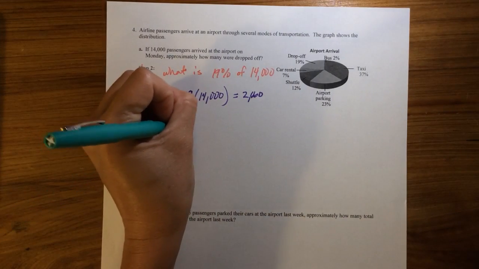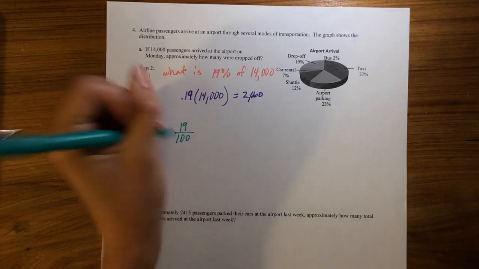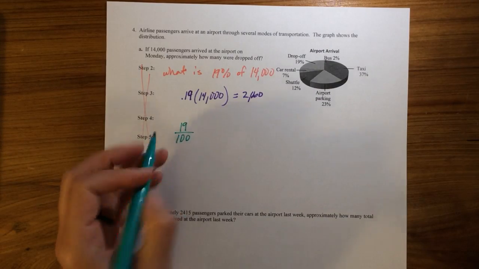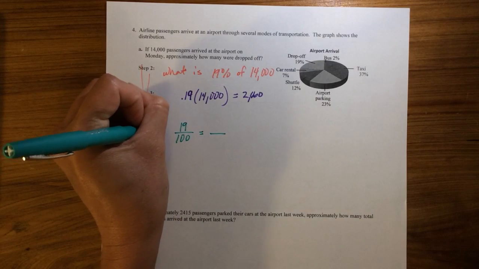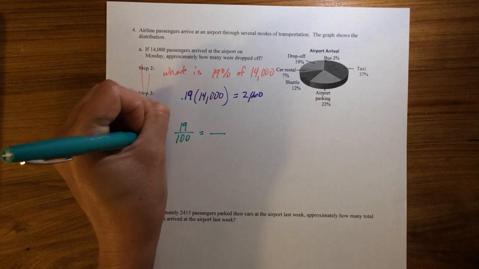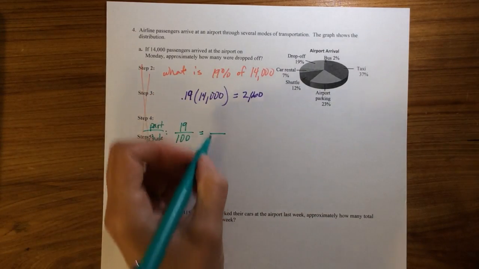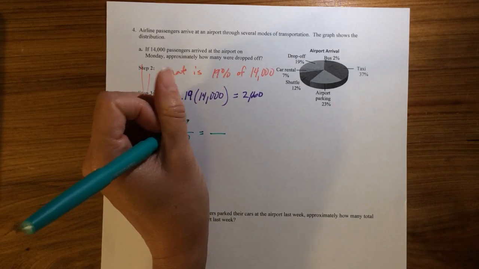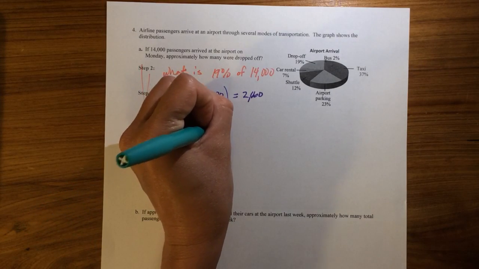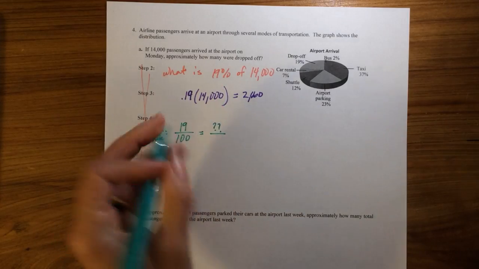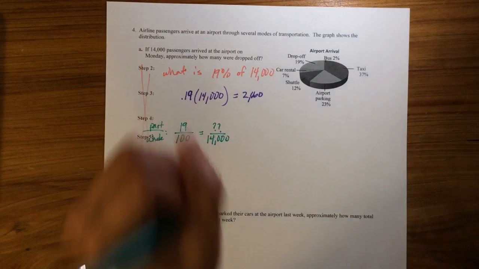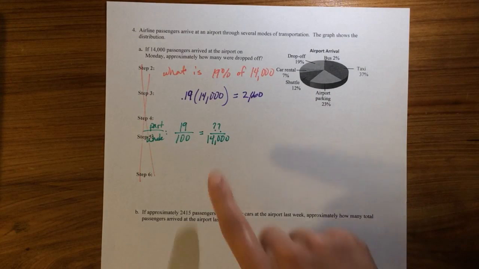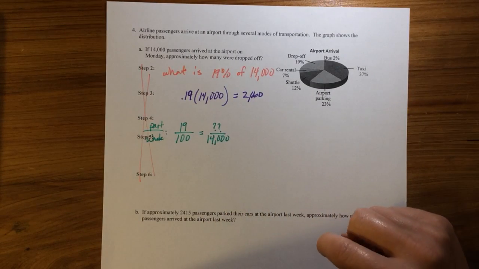If you know that 19% is 19 over 100, right? Part over a whole. And we're looking for what is 19%, so this is what we're looking for. Well, that's the part. We know the whole is 14,000, right? So you've got your proportion equation set up.